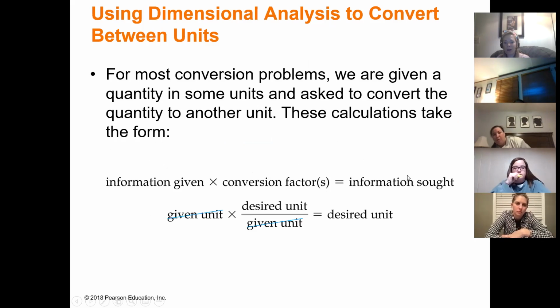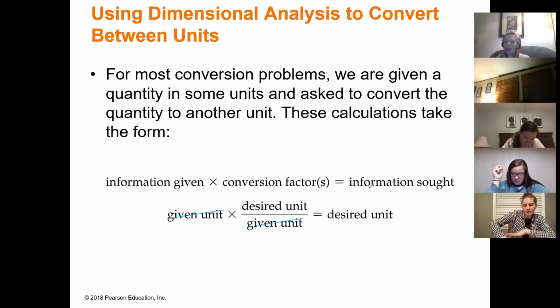This is money right here, okay? So this is the basic structure of all unit conversions or dimensional analysis. You start always with your information given. You're going to multiply it by some sort of conversion factor, and you're going to receive the information sought. Or if we expand that out, we're going to start with our given unit.